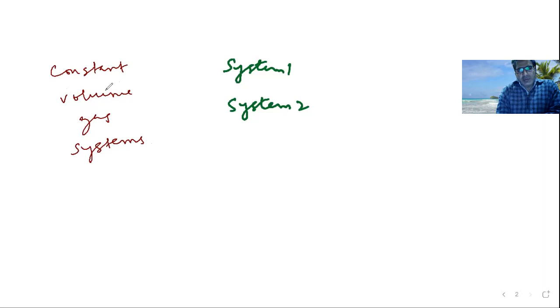That means these are two gases which are kept at constant volume. And let them be isolated from each other. And you know the meaning of isolation. There is no exchange of matter or energy taking place between the systems and their surroundings.